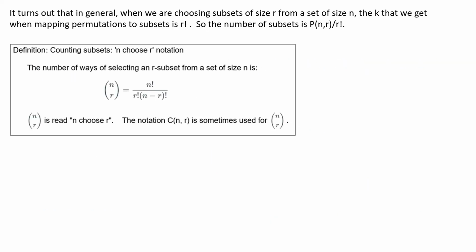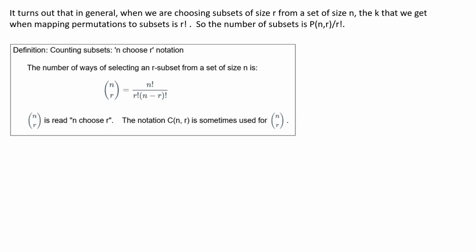So in general, when we're choosing subsets of size R from a set of size N, the K that we end up getting, if we were looking at, as in the last example, where we mapped permutations to subsets. Remember that last example? We ended up with 3 factorial.